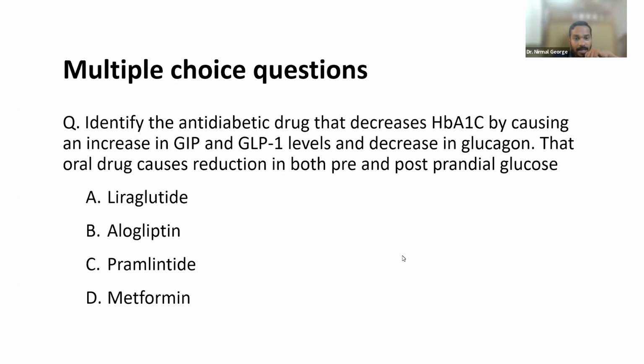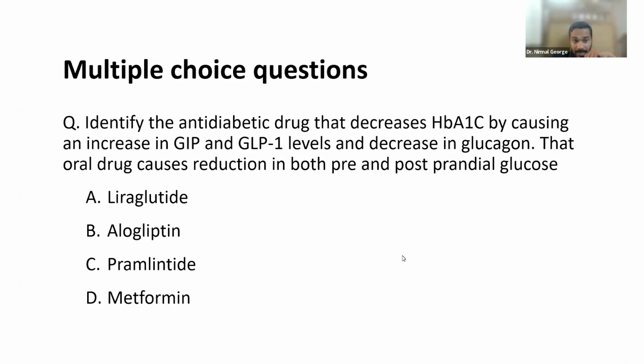Third question, identify the anti-diabetic drug that decreases HbA1c by causing an increase in GIP and GLP-1 levels and decrease glucagon. That oral drug causes reduction in both pre and postprandial glucose. So the options are A. Liraglutide, B. Alogliptin, C. Pramlintide, and D. Metformin. So most of the agents that we have talked about are GLP-1 agonists. So these agents are agonists at GLP-1 receptors.